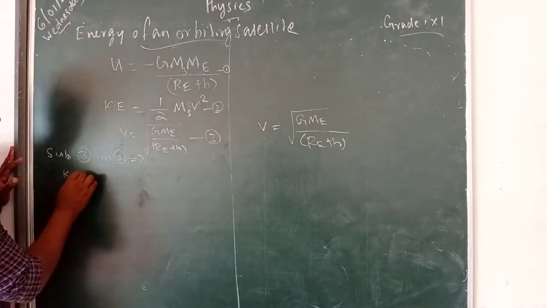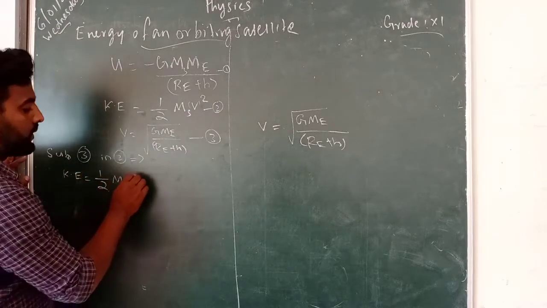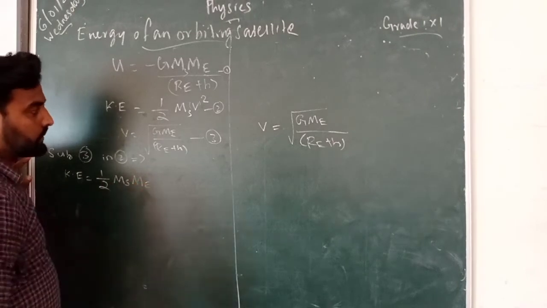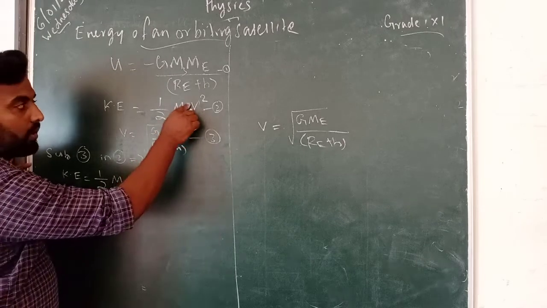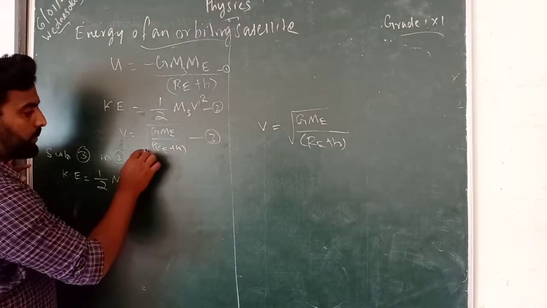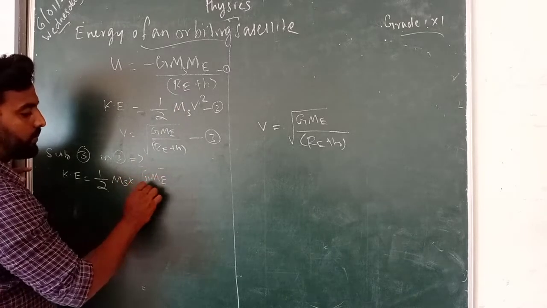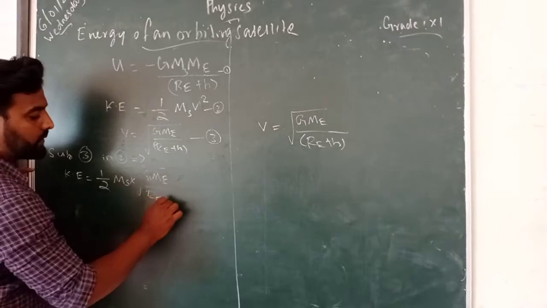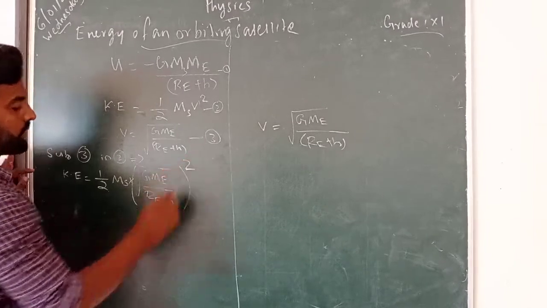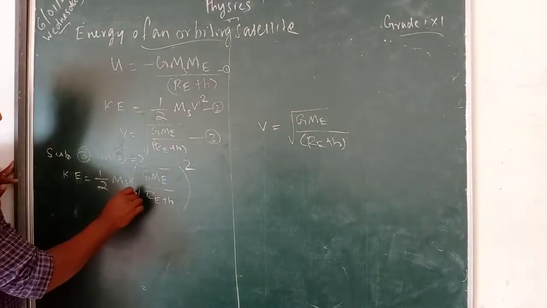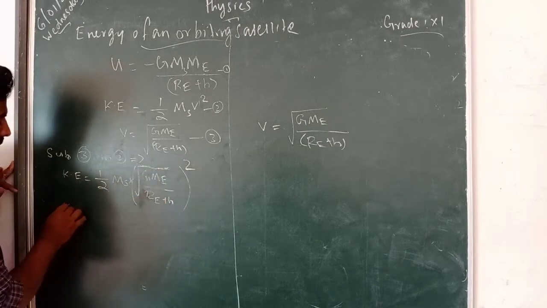So kinetic energy is equal to half m_s into v square. v square means root G M_e by R_e plus H, the whole square. Now, when you take this square, the root will cancel.